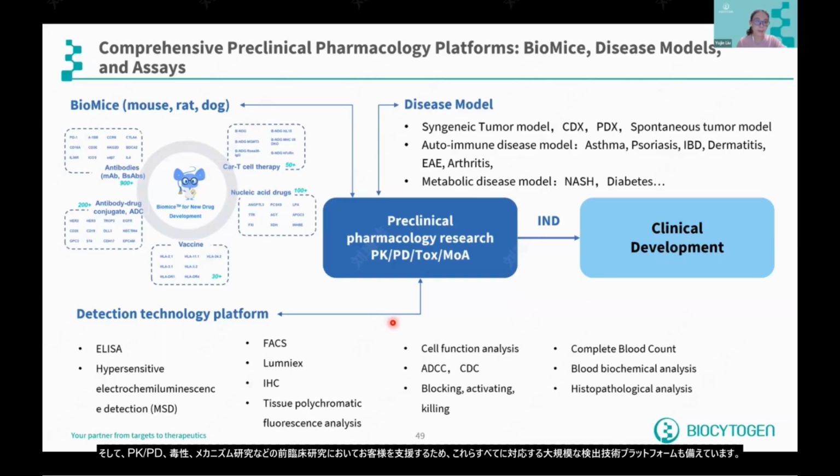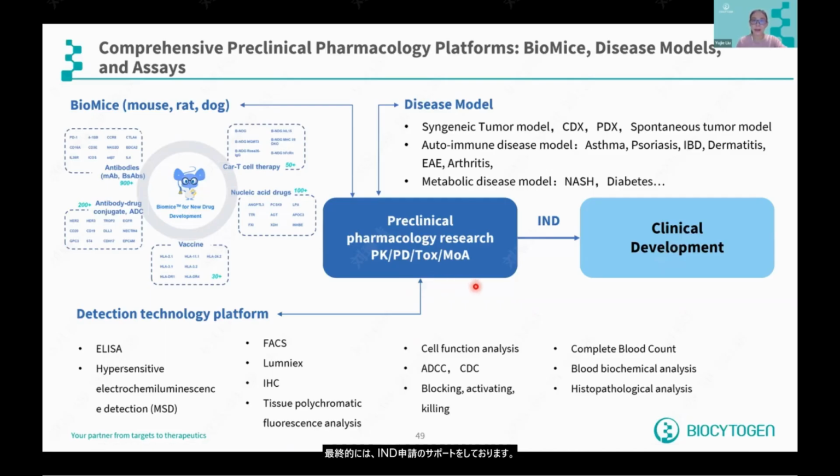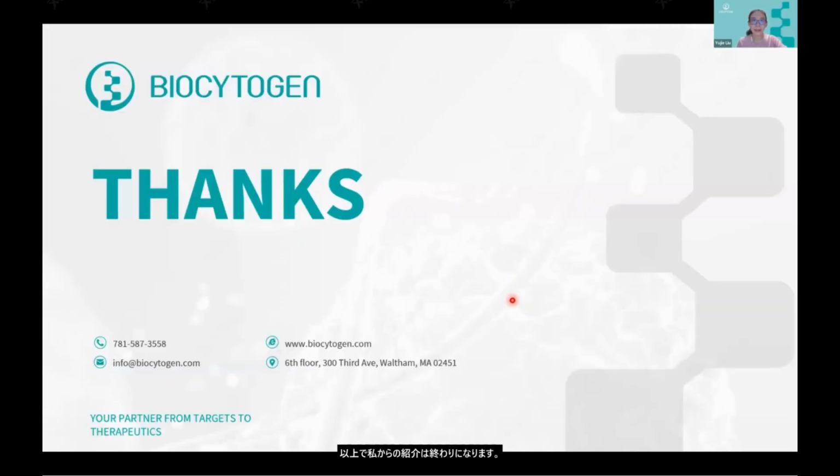And we have a very big detection technology platform for all of them to help our clients with their preclinical studies like PK, PD, toxicity, or mechanism studies, and in the end help them with IND application. So that's all for my topic. I'm very glad to take any questions.